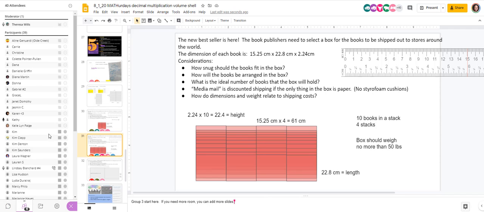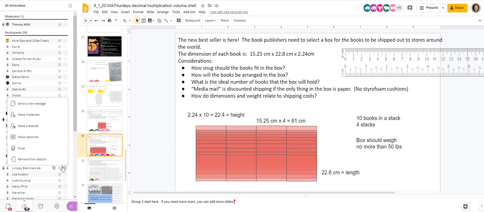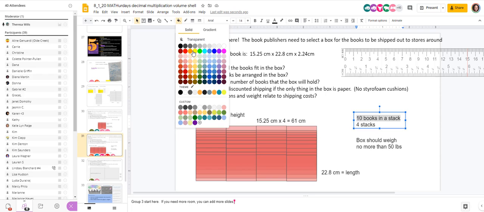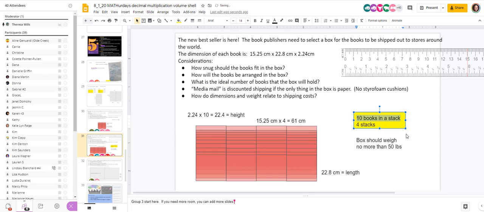Well, the height is a stack of 10 books. If you stack the 10 books on top of each other, that's going to be 22.4 centimeters. Oh, wait, I just heard two things. I heard 10, and then I also heard another number.